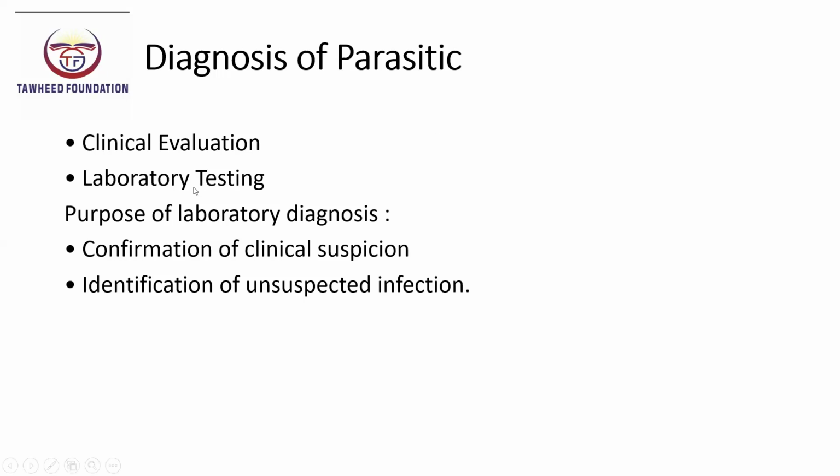Next is serological testing. Serological tests detect host antibodies or parasite antigens in blood or serum, providing indirect evidence of infection. They are useful for chronic infections or when parasites are difficult to observe microscopically.